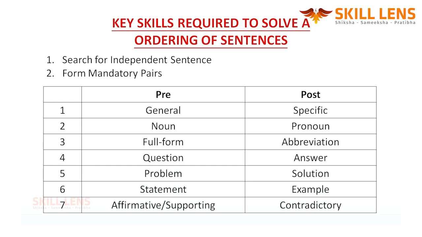The second strategy that we apply here is forming mandatory pairs. As the name suggests, mandatory means compulsory. A pair is something where there are two things that are always together. You will see a column here with pre and post. Pre is something that appears before or first.